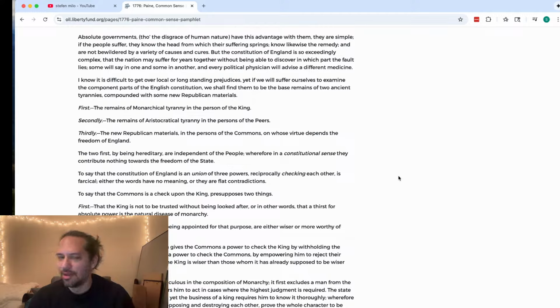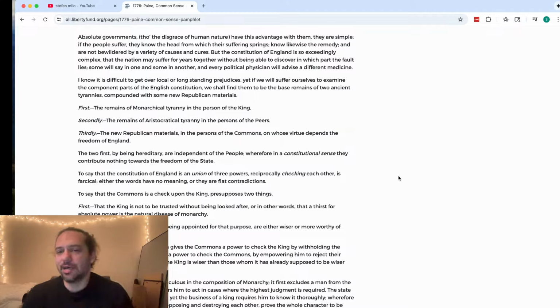See? So what he's saying is basically the king and the rich people, which were called peers, the oligarchs and the merchants and the nobility in England, they weren't really beholden to the parliament, to the commons. The people of England had no check on them.